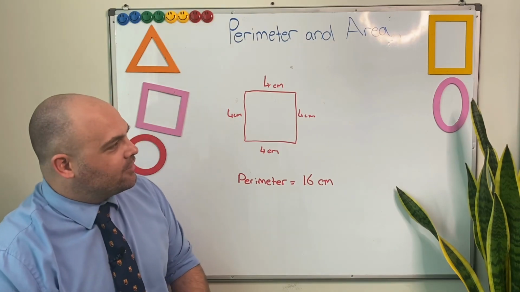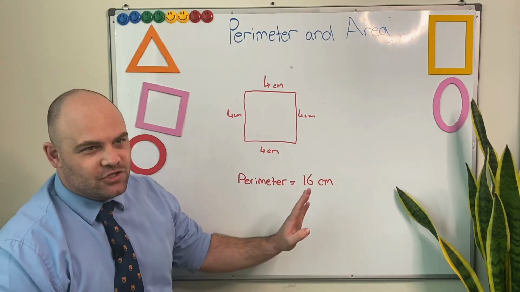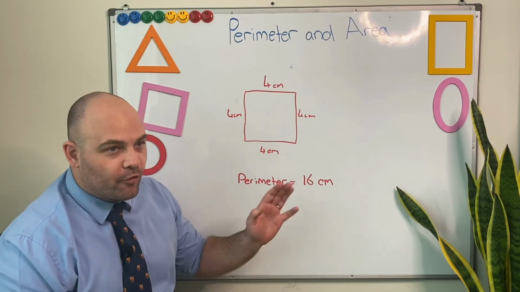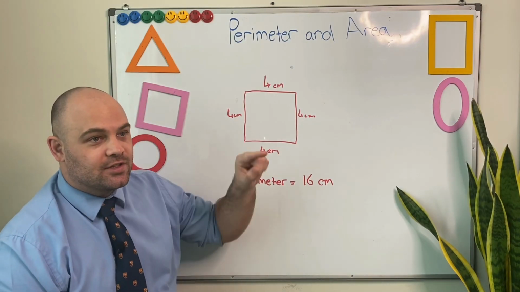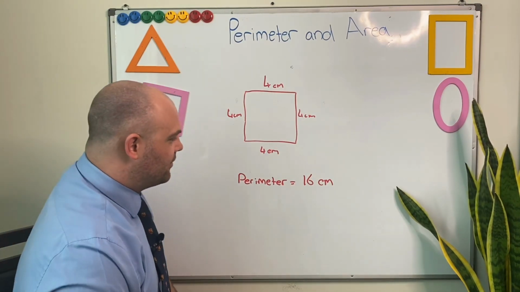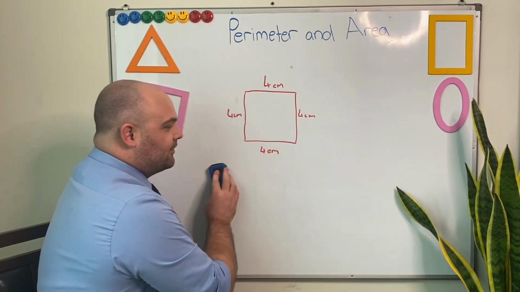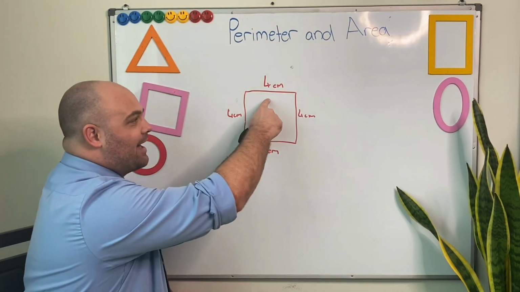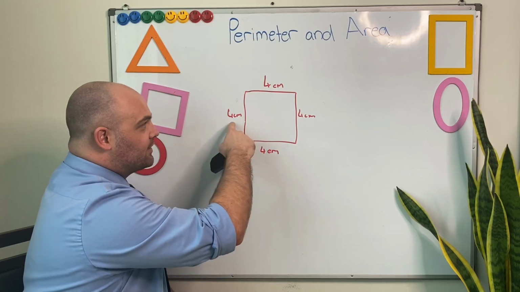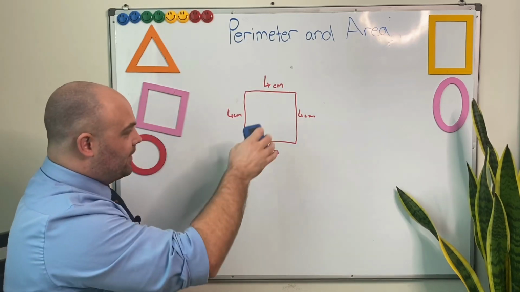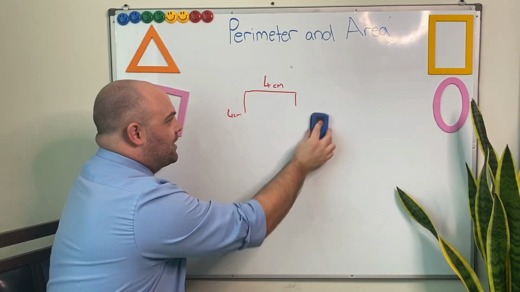All right, and the same applies for any shape or anything that you want to talk about. The perimeter is the total distance around the outside. And in order to find that, we just add up all of the legs of the exterior of the shape.